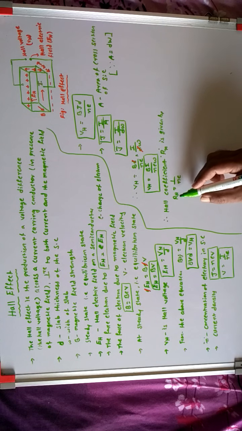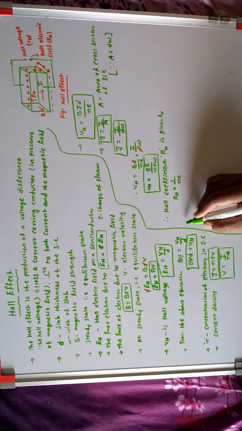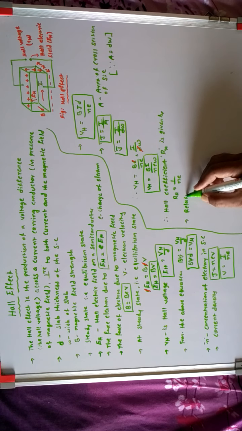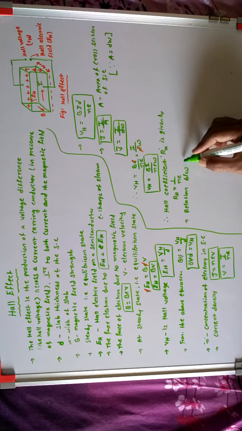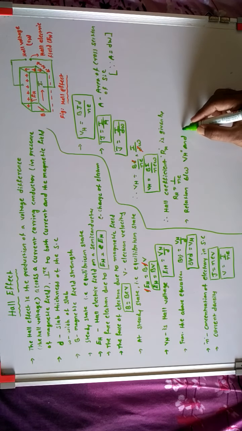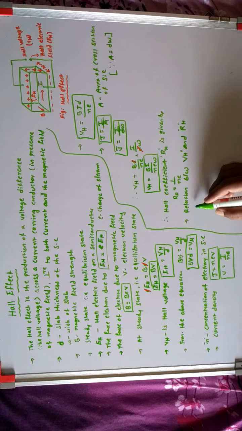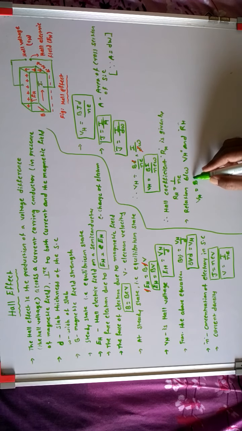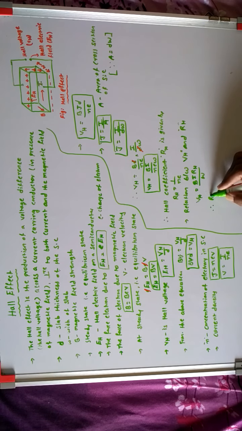The relation between Hall voltage and Hall coefficient is VH equals B I RH by W. Therefore RH equals VH W divided by BI.